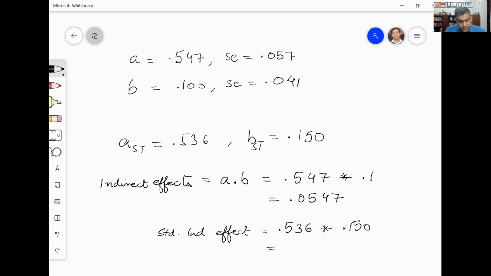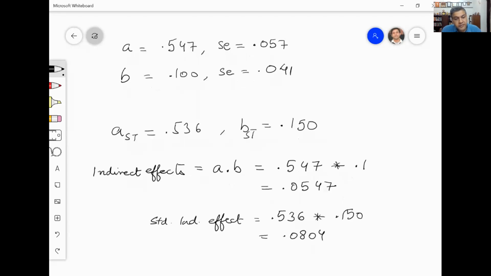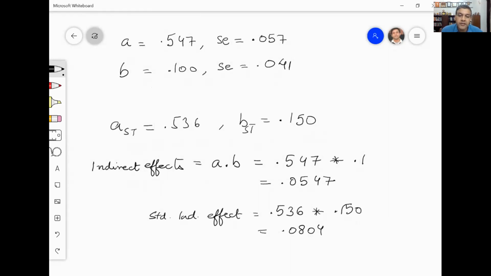So that is going to be 0.08004. So this is the indirect effect, but we have still not tested the significance of this indirect effect. We want to test the significance of this indirect effect.